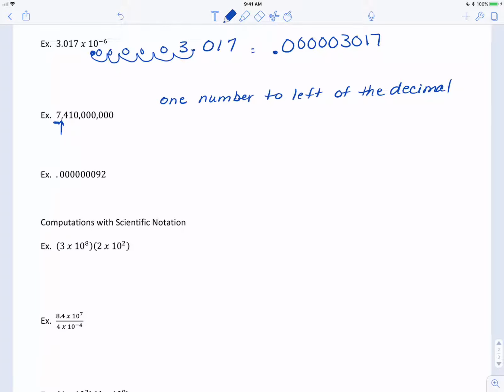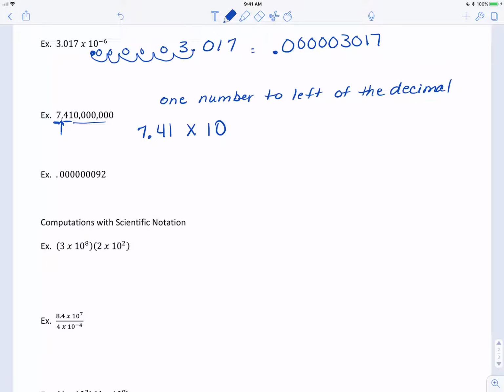So notice how we're only going to have one number to the left of that decimal. So we're going to say 7.41 just until we get to all the zeros, and then we're just going to list whatever is out there, but not list all those zeros.